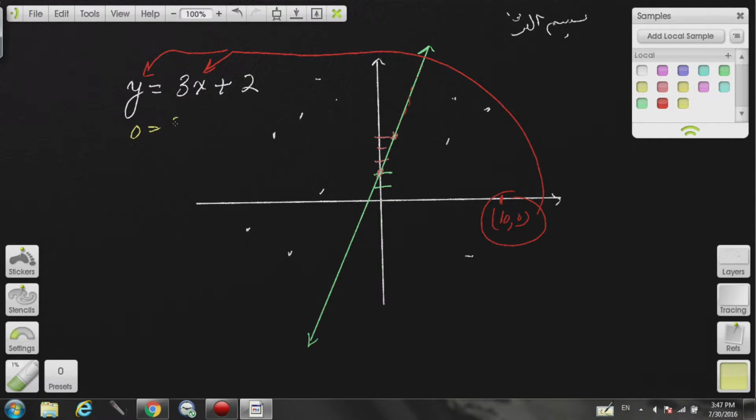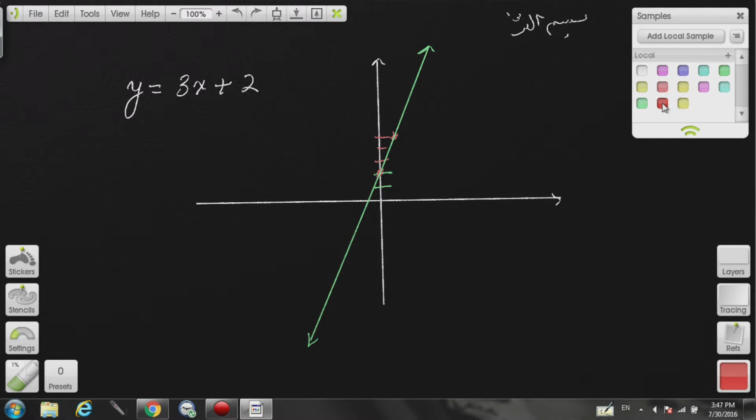So 0 equals 3 times 10 plus 2. So 0 equals 30 plus 2, 32. Does 0 ever equal 32? Not on our planet. So this is not a solution to this line. In other words, this ordered pair does not satisfy this equation or this rule.